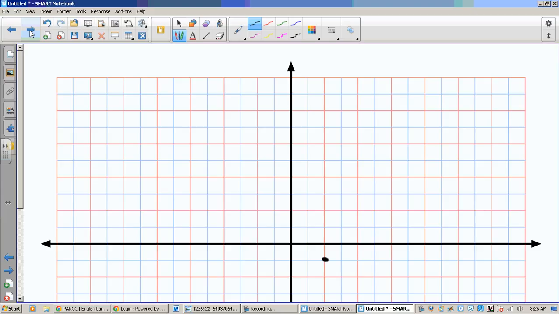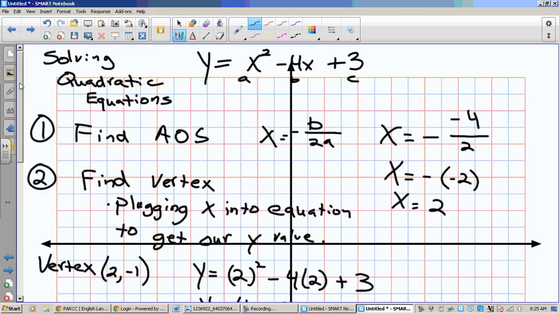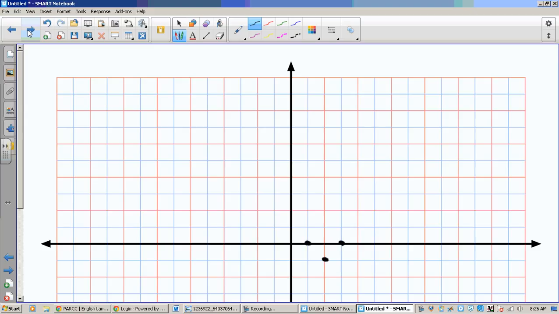So 3 is 0, and 1 is 0. And 0 was, what was it, 3? Yeah, 0 is 3, and then 1, 2, 3. So this is what our parabola looks like, and of course it goes on.